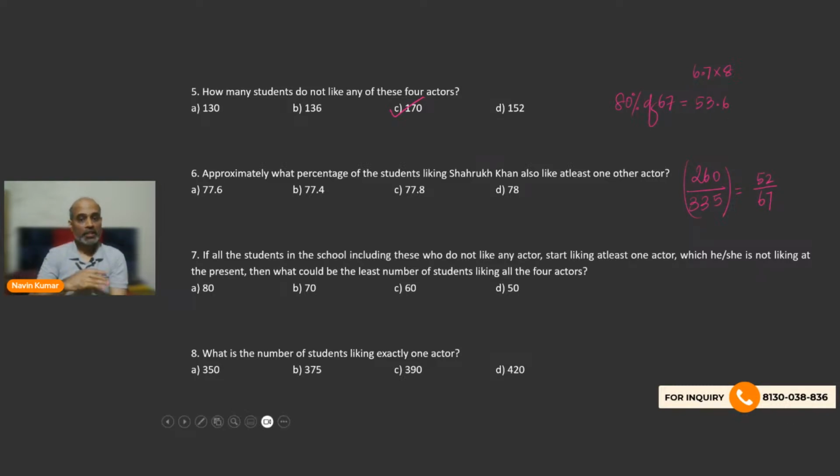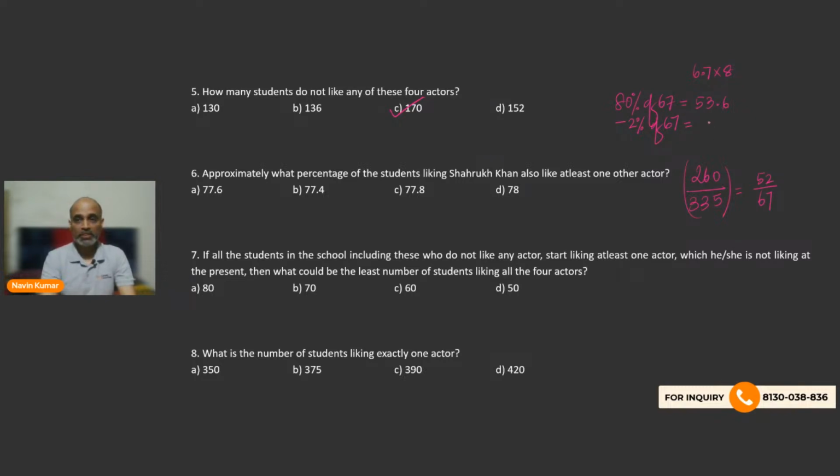So I'm reducing. Rather than calculating from 70 to 77, I think it's better if I go from 80 to 77. Now, if I subtract, let's say, 2% of 67 to see whether we reach 78 or should we decrease it further. So 1% of 67 is going to be 0.67.